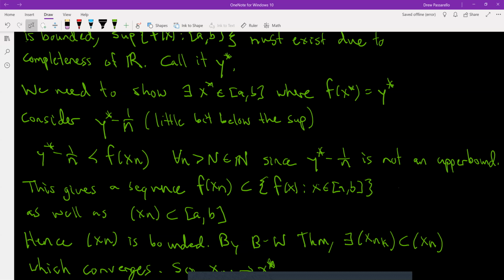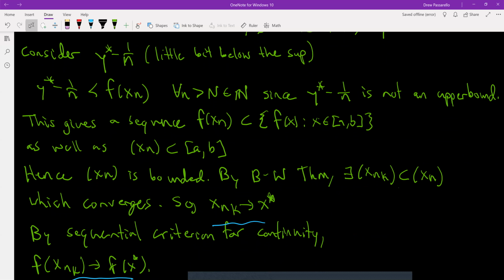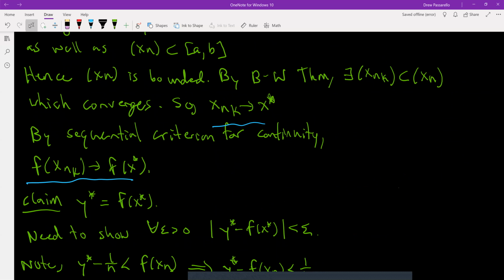But we know the sequence x_n is bounded, so by the Bolzano-Weierstrass theorem, there exists a convergent subsequence. So let's say this convergent subsequence x_nk converges to x star. By the sequential criterion for continuity, we then have f of x_nk converges to f of x star.